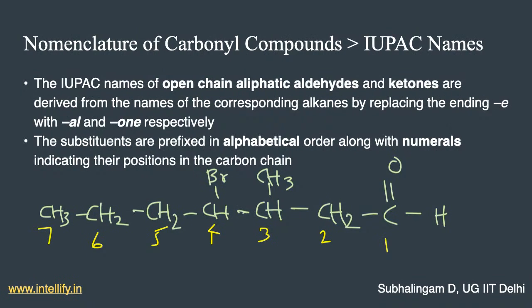We see that bromo is attached to the 4th carbon, and the methyl group is attached to the 3rd carbon. Since we have two substituents, we follow alphabetical order, and since B comes first, we say it as 4-bromo-3-methylheptanal. I hope it's clear.